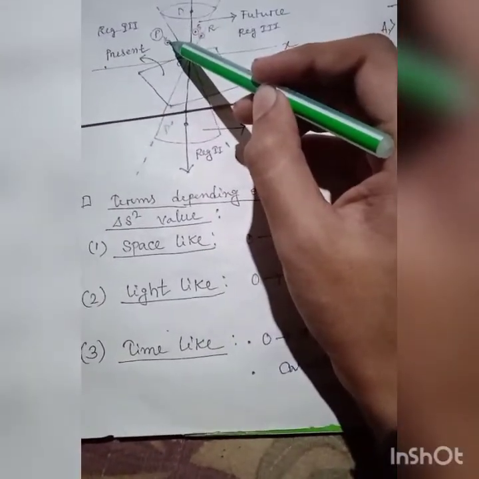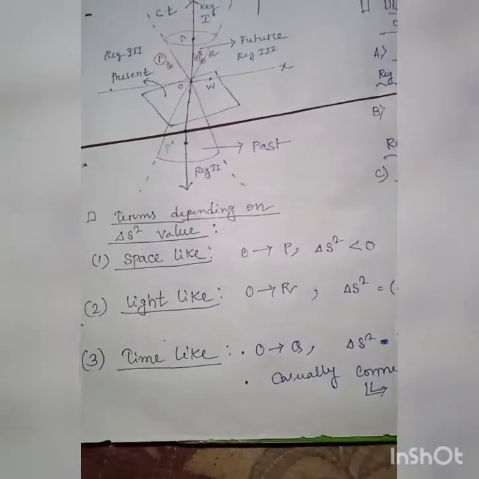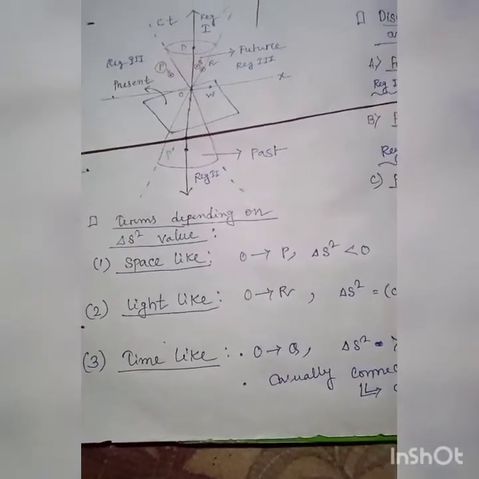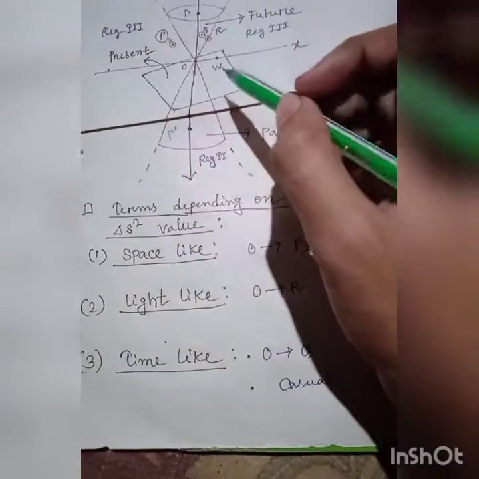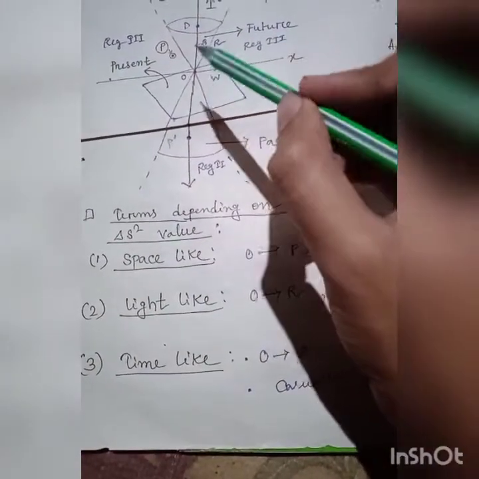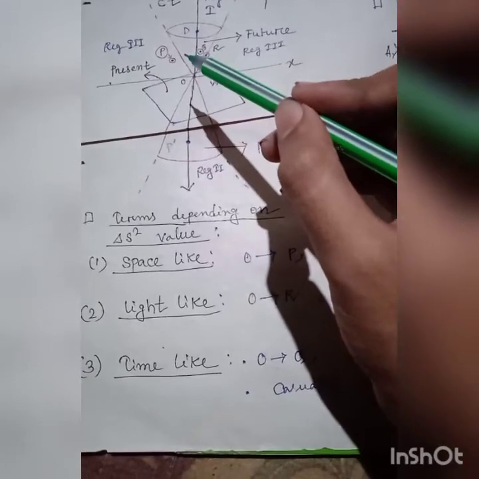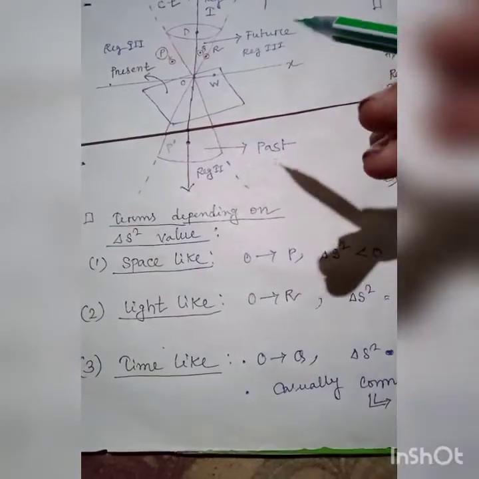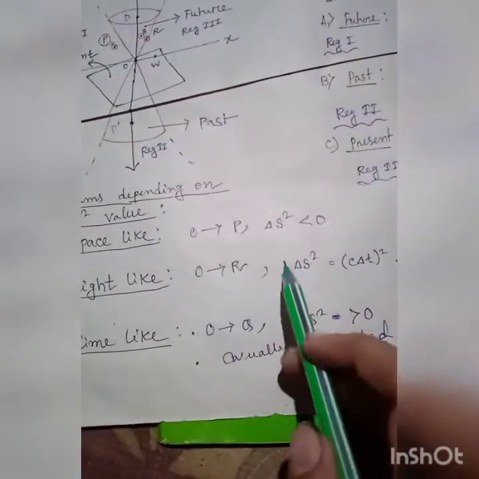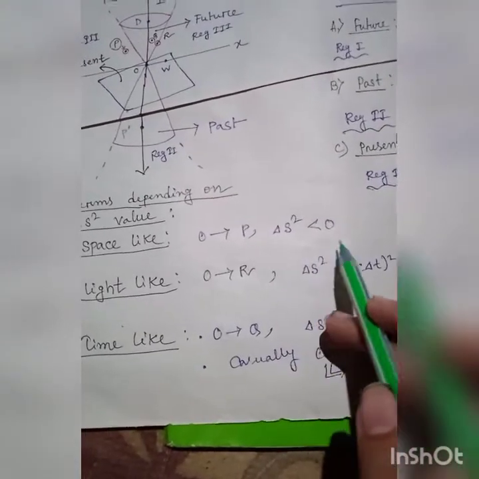Now we'll first go from O towards P. This is your P point. You can see that here the slope is less than that of the world line of a photon, which can be written mathematically as del S square less than 0.